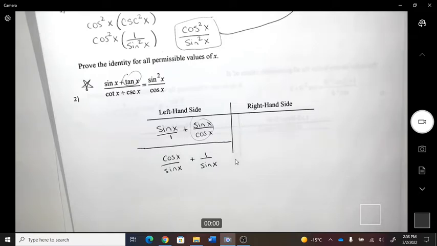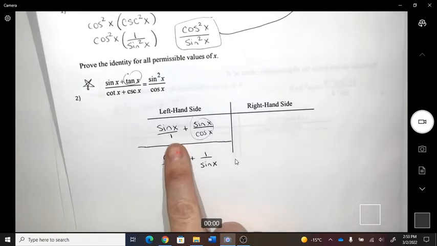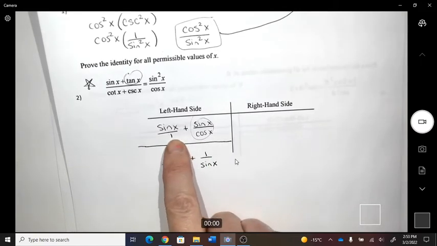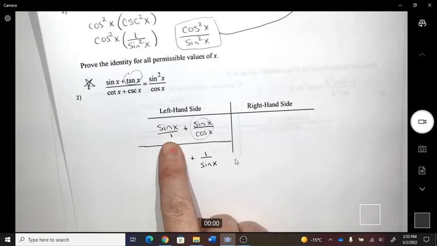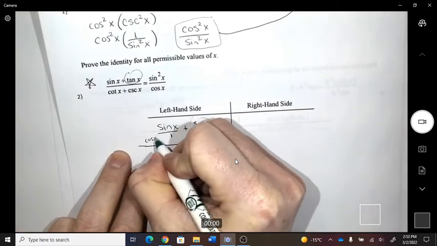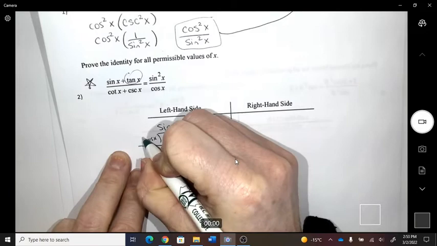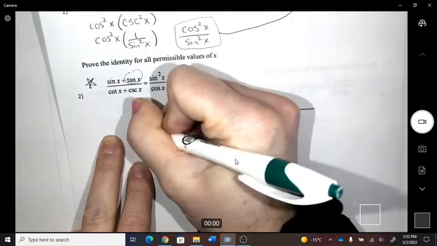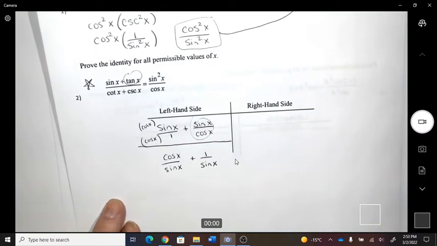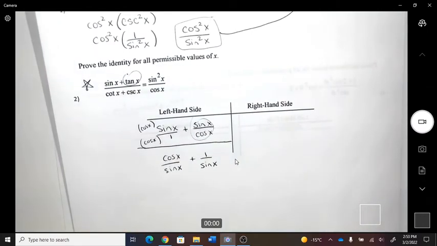Okay, now how do I put those together on the top? Looks like I'm going to need to make this denominator a cos x, which means I'm also going to have to do that times a cos x.